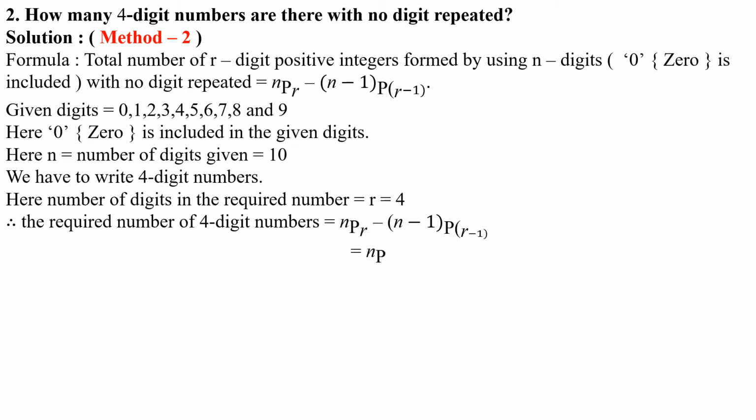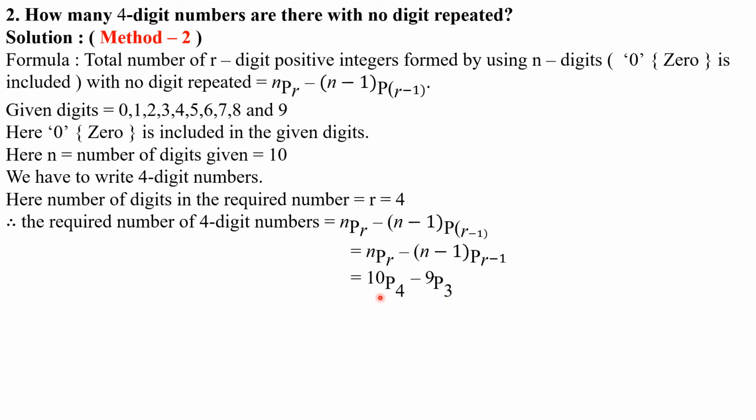So that is equal to nPr minus (n-1)P(r-1), where n is equal to 10 and r is equal to 4. So 10P4 minus (10 minus 1), what do we get here? 9. So 9P(4 minus 1), 3. Understood this step, my children? 10P4 minus 9P3. Right.